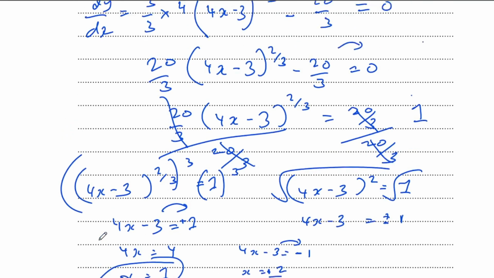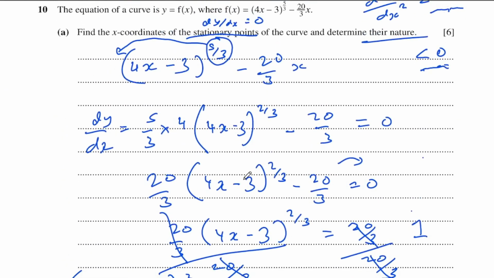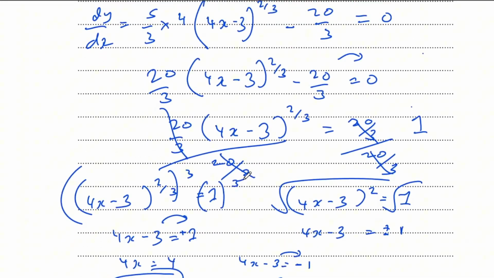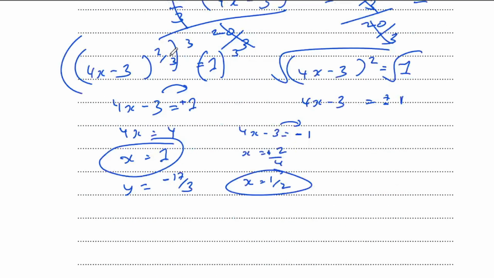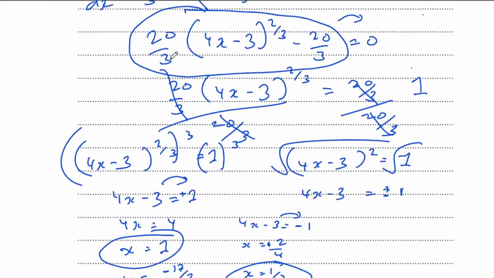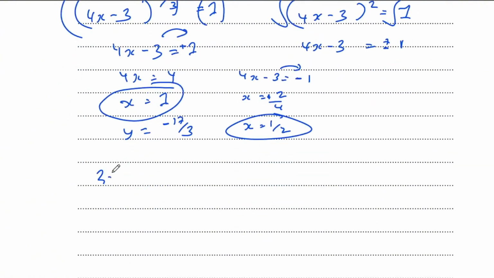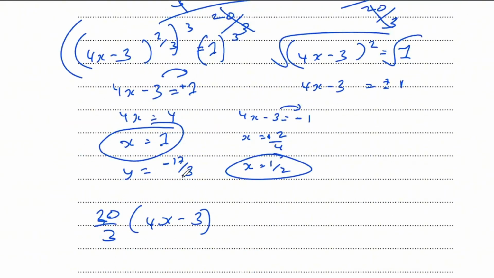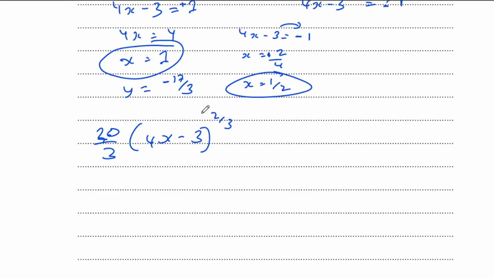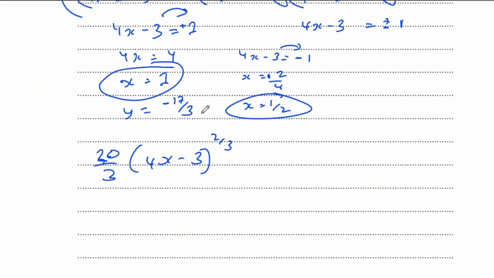Now you need to find the second derivative to determine the nature, and this was our first derivative, right? And in order to find our second derivative, we would just take 20 over 3, (4x minus 3) power 2 over 3 and minus 20 over 3, and we're going to find the derivative of this again.